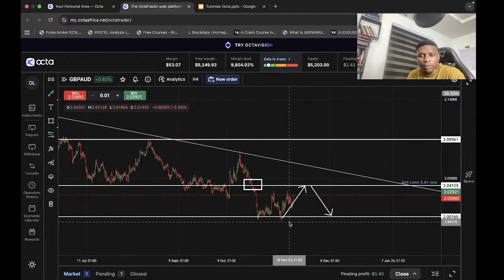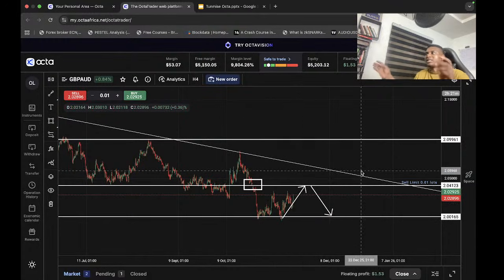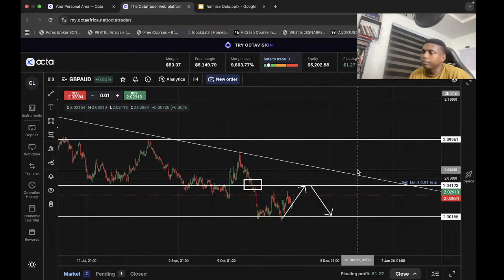From here, we can see that all we have to do now is to wait and see what happens. So if market goes up and triggers our sell order, beautiful, we would be in profit. If it doesn't go our way, our stop loss will take us out of the market by preventing us from losing more than we can bear, which is the reason why we need our risk management tool.